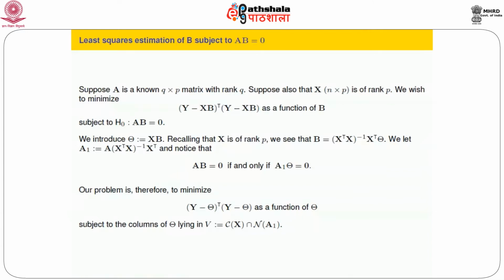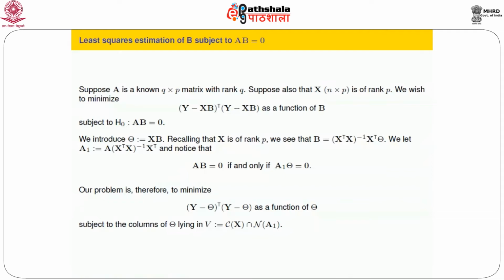Even before finding the expression for the quantity we are looking for, we see that the unique least squares estimate of θ subject to AB = 0, or equivalently A1θ = 0, is given by PV Y. Recall the early calculation, where we had PX Y. In that case we didn't have the additional part, namely the null space of A1.